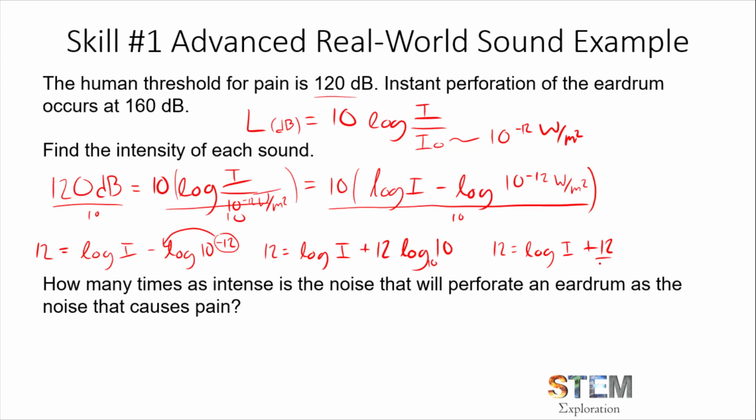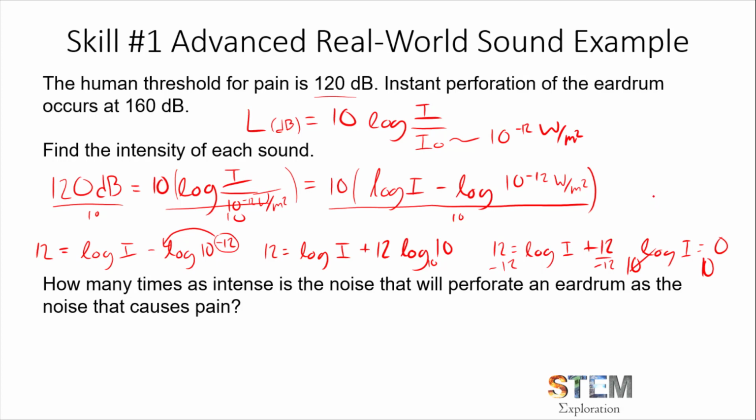If we subtract 12 from both sides, we see that the log of I is equal to 0. If we want I all by itself, we have to take the inverse of log, so we take 10 to the power of log base 10 of I and 10 to the power of 0. These cancel, and 10 to the power of 0 is 1.